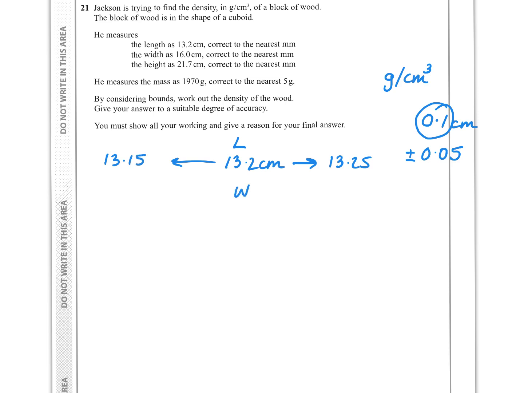For the width, it's given as 16 centimetres. So again, just add or take 0.05. So be careful here, it'd be 16.05 and as low as 15.95. And then you've got the height given as 21.7. Same process.